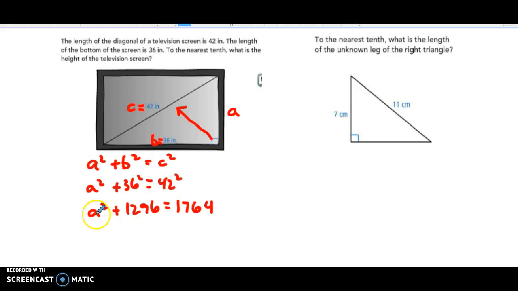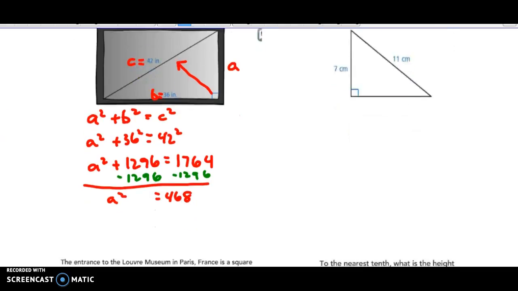Now to solve for A, I need to subtract 1,296. Whatever I do to one side, I will do to the other. So that leaves me with A squared over here and 468 over here.